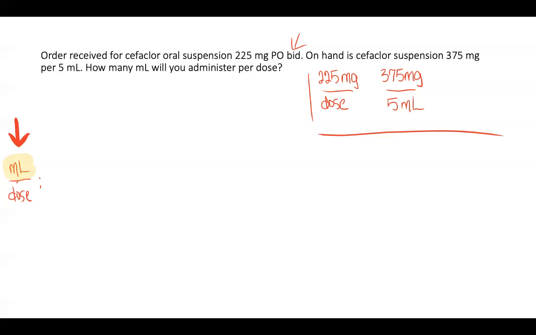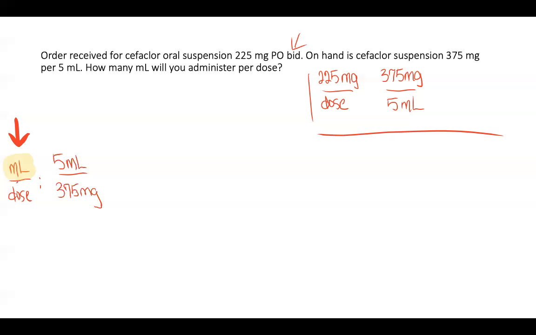So this is where the flipping comes in. I am going to flip this so that the milliliters is on top. I'm not changing anything, I'm just flipping it. So I'm taking the 5 milliliters over 375 milligrams. All I did was flip the placement of the numbers and the units of measure.